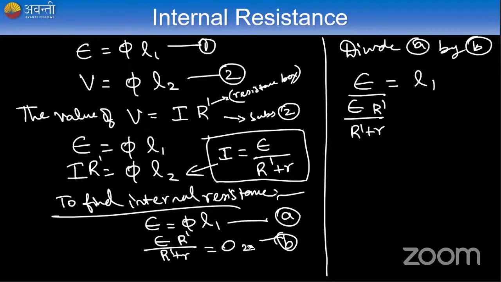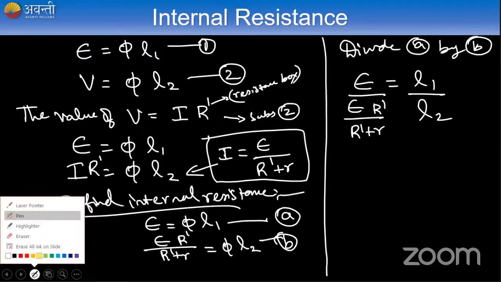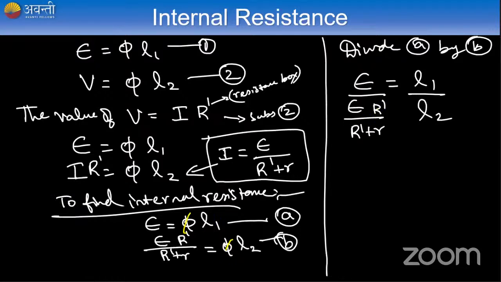What did I do? Phi is equal to L1 by L2. So my phi cancels from here. I have the ratio.